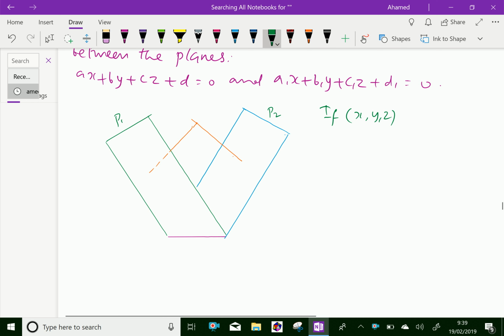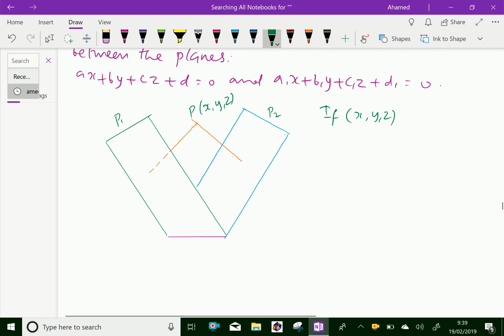Suppose this point P is x comma y comma z. The perpendicular distance from this point to the first plane as well as to the second plane must be equal.